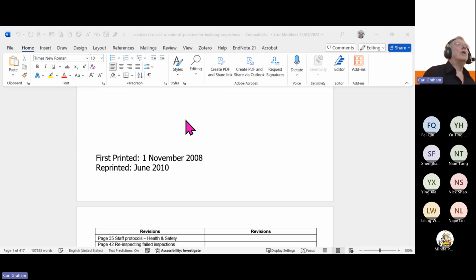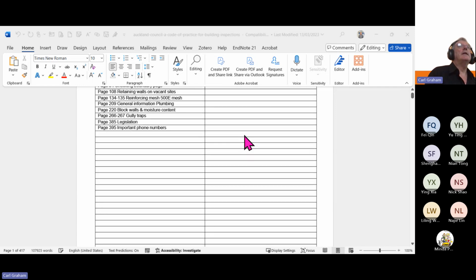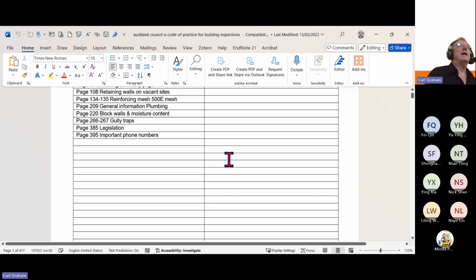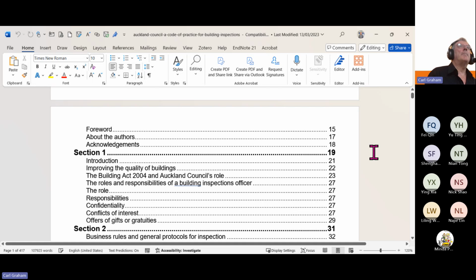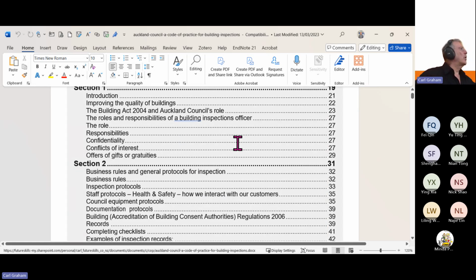From when I started in 2009, January the 12th, at Auckland Council, every Tuesday morning we would have a team meeting, and it was specifically training us about the role of a building inspector. But in actual fact, this is 400 pages.